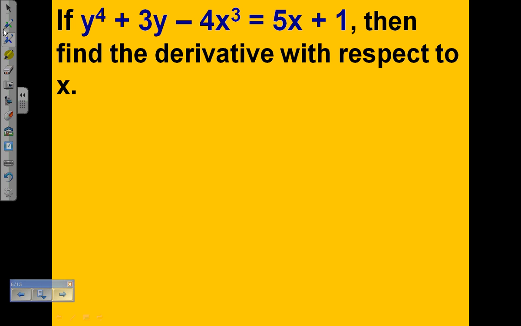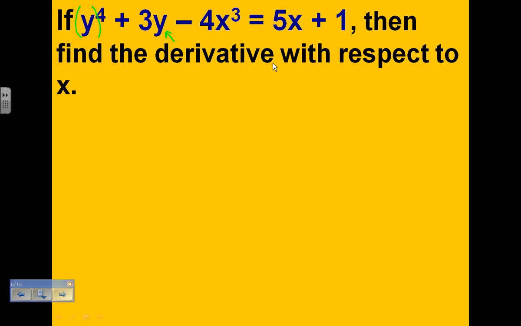All right. First thing I'm going to do is put parentheses around y to the fourth. I'm not going to put them around the 3y because that's a single y. Not a big deal. I'm going to leave it be. I know that's pretty easy. And there aren't any other y's around.